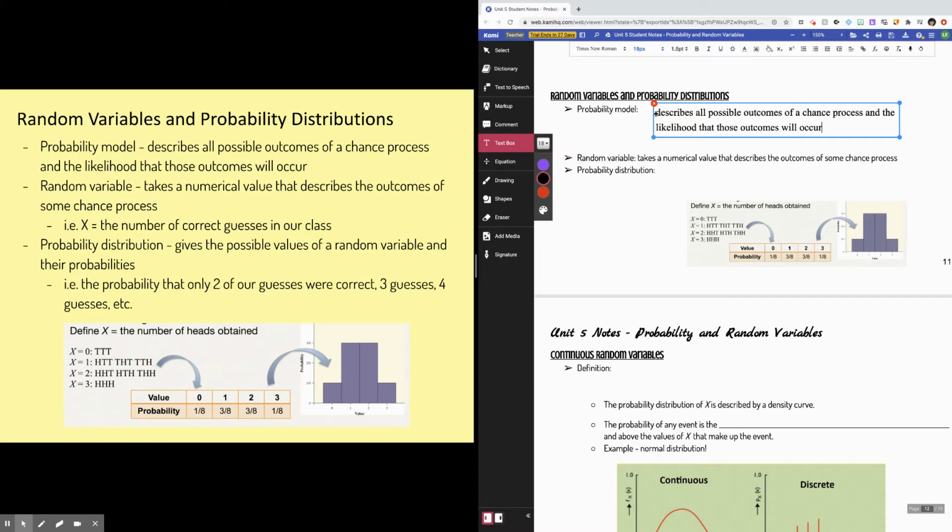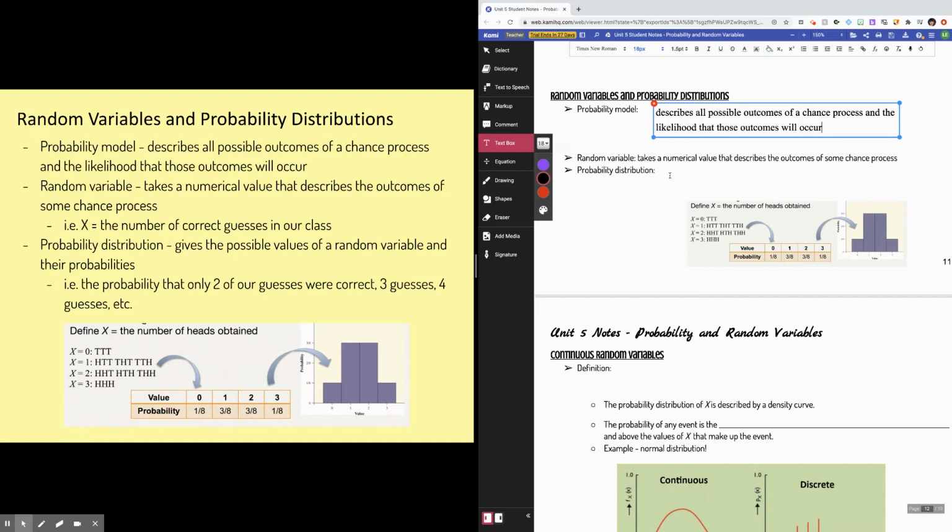I would ask you all those questions and we'd count how many you got correct. So that random variable X could take on many possible values: you could get 0 questions right, 1, 2, 3, all the way up to 10. That variable just describes all of the possible outcomes in a chance process.